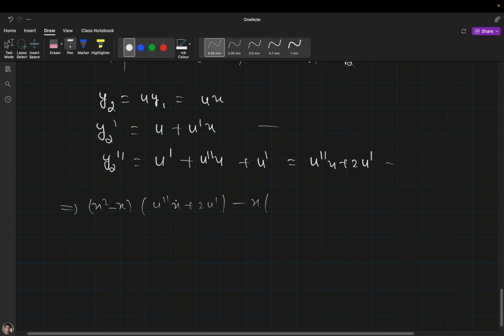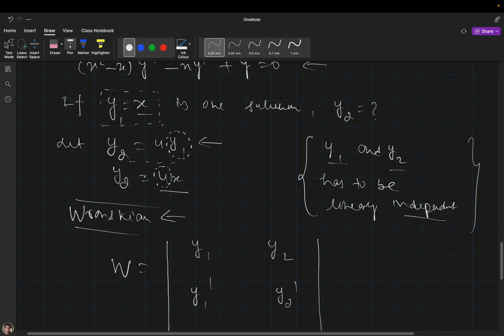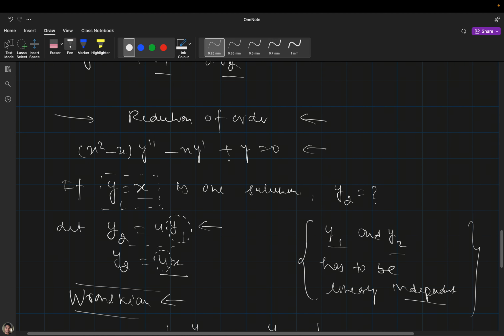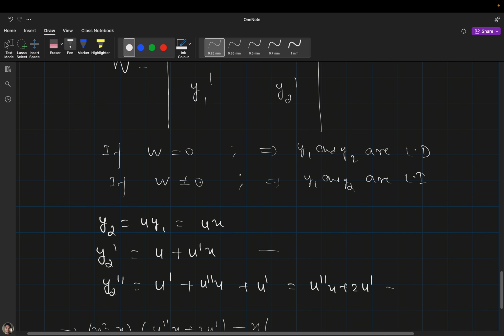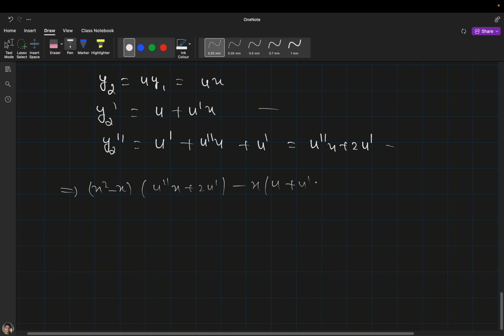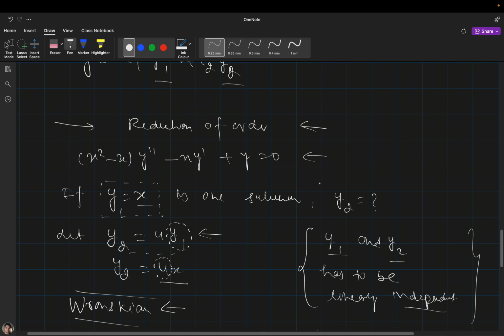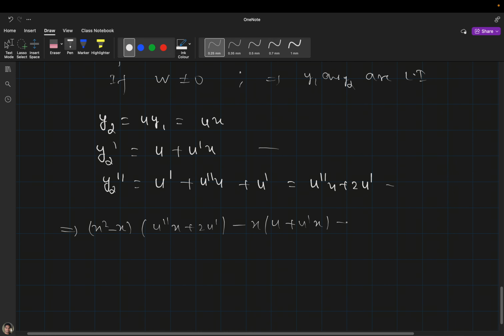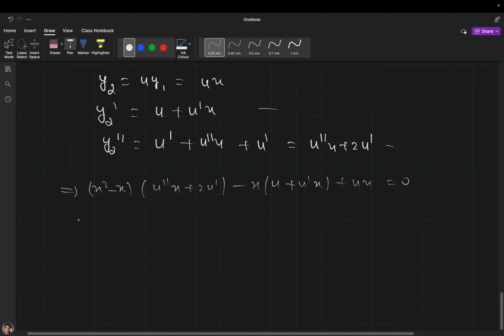And what is y2 dash? I'm putting y2 because I'm assuming that y2 is the solution of this equation. That's why I'm substituting y2. Y2 single dash is u plus u dash x, and plus y, which is u times x, equal to 0.